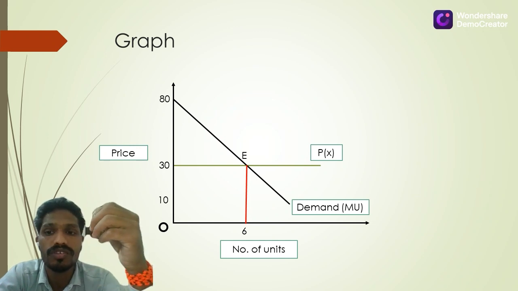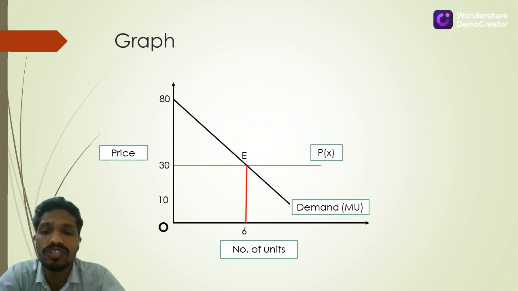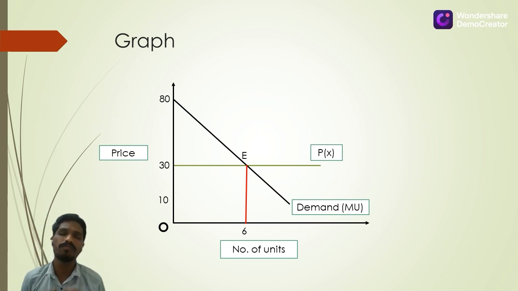Let's say he purchases the first chocolate, he gets a satisfaction of rupees 80, and then the satisfaction level keeps decreasing because as he buys more and more chocolates, his satisfaction level goes on falling, as in the previous table. At the sixth unit, the consumer surplus is 0.